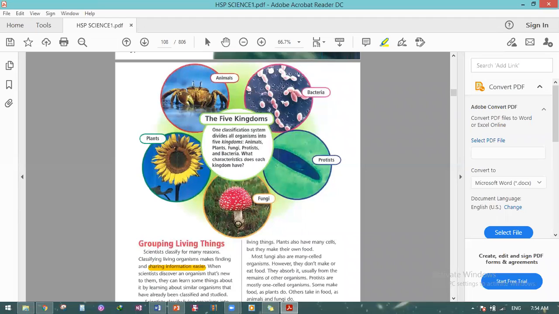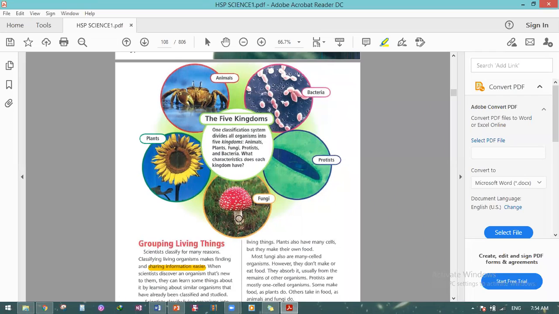Okay, so we have a kingdom for fungi, and the most famous example of a fungi is the mushroom, of course. But not all fungi are multicellular like this. Most of them are many-celled, not all of them.